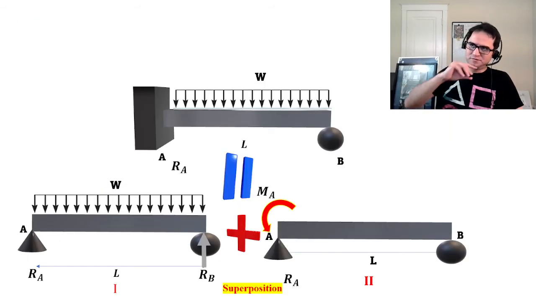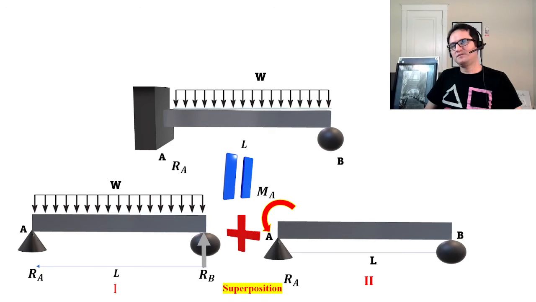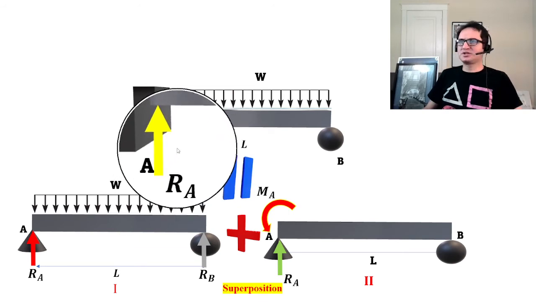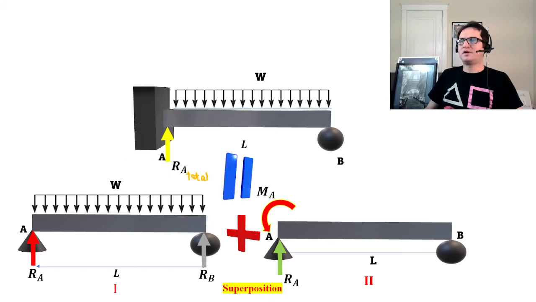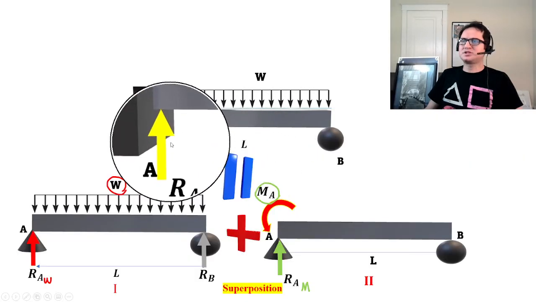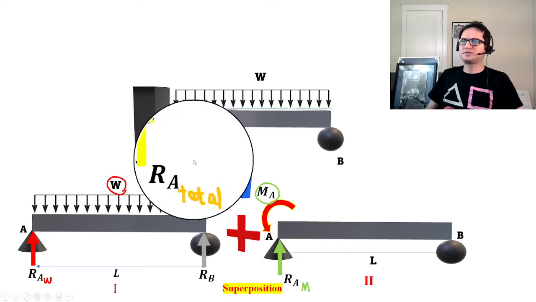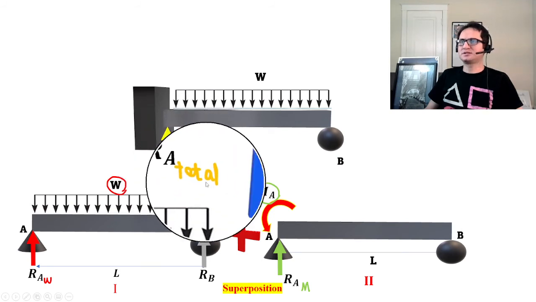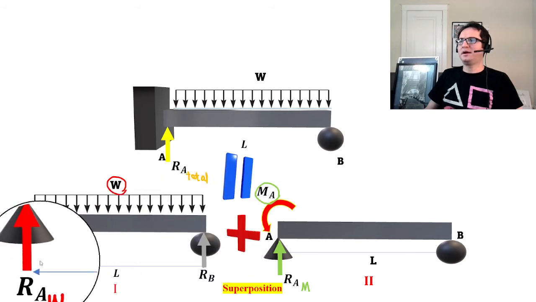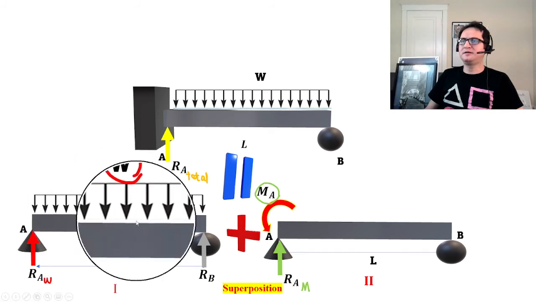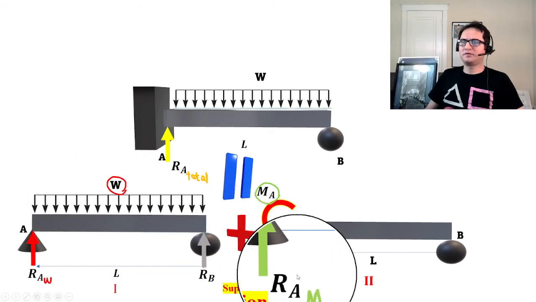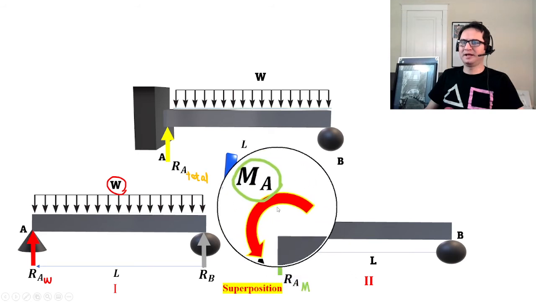And if you again come back to the original shape, the reaction at A for the original beam, which is the reaction at A total, is equal to RA due to W, which is here, plus RA due to the concentrated moment at A, which is this one.